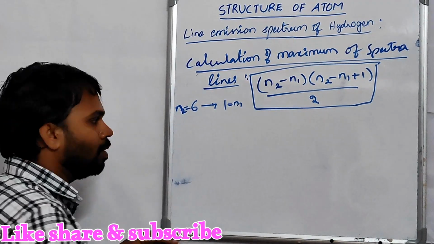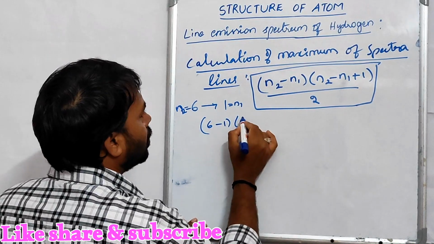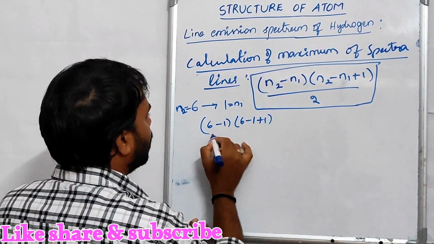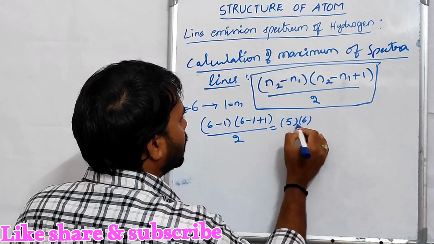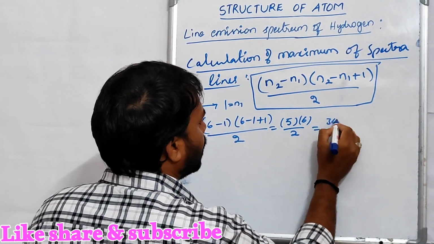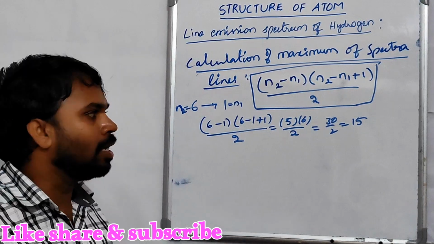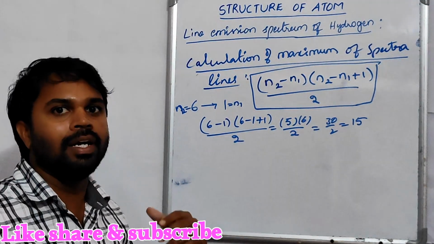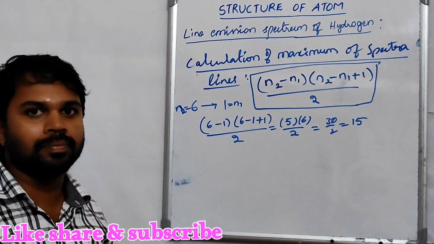Substituting in this formula, 6 minus 1 into 6 minus 1 plus 1, divided by 2. That equals 5 into 6 by 2, that equals 30 by 2. Maximum number of spectral lines formed is 15 when an electron makes a transition from 6 to 1.